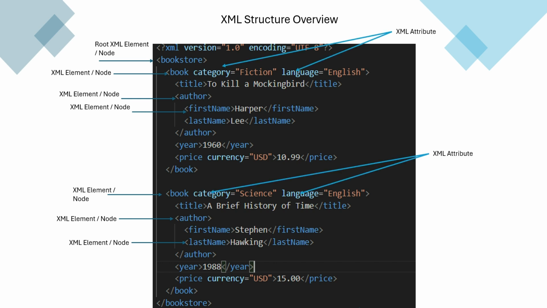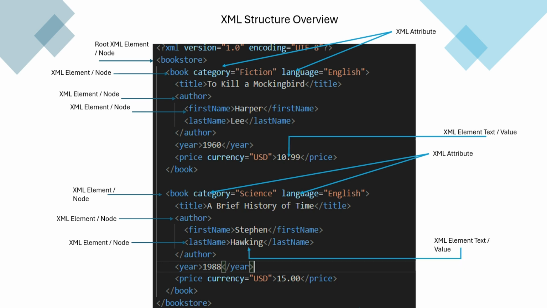Then we have the XML element attributes. Category and language are two XML attributes of the book XML element. Similarly, you also have currency as an XML attribute of the price XML element. Then we have the element text or the element value.